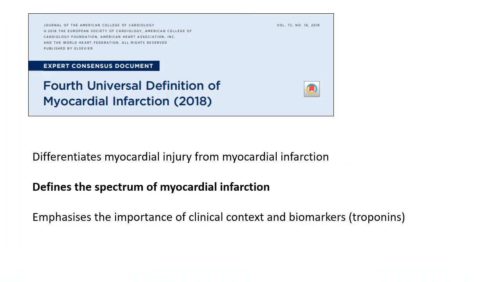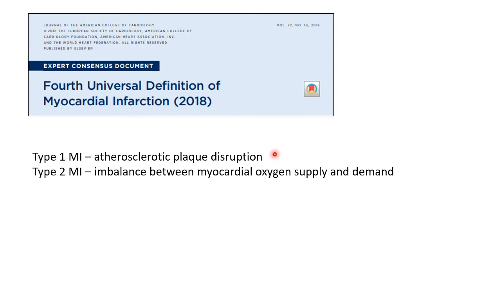So next, the fourth universal definition defines the spectrum of myocardial infarction. So as I've indicated, type 1 is the classical myocardial infarction where there is rupture of an atheromatous plaque and thrombus formation. Type 2, where imbalance between oxygen supply and demand.